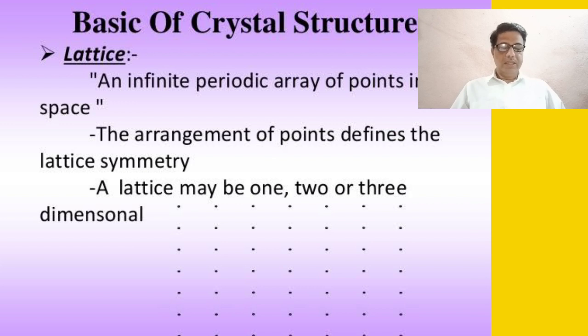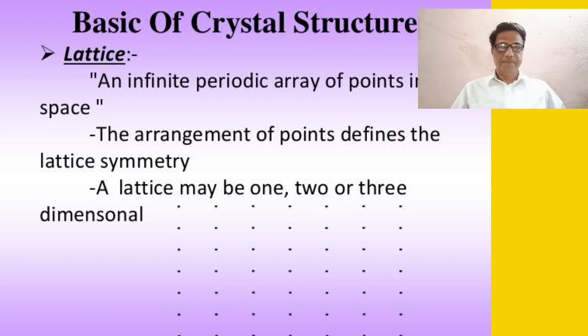The crystal lattice is also called the space lattice of the crystal. Thus, the crystal is the structure that results by attaching a basis to each of the lattice points. It is seen in the diagram in your book, page number 5. Lattice plus basis gives crystal structure.